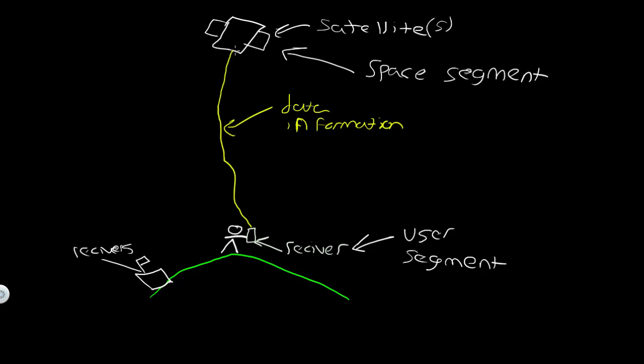So the satellite is sending out its information. It's being detected not only by the receiver in your hand or your car, but it's being detected as well by receivers in these special buildings that we call base stations. We call these receivers base stations.